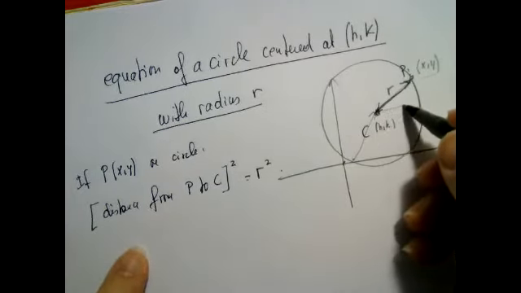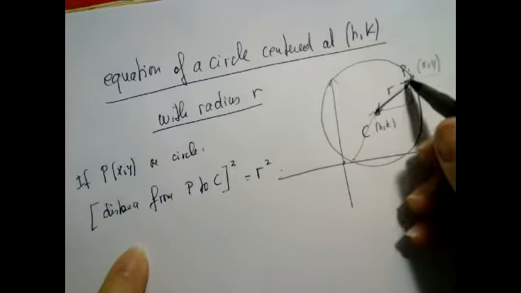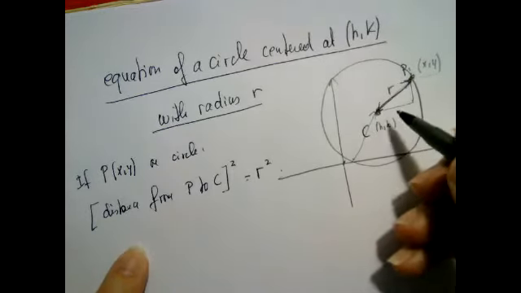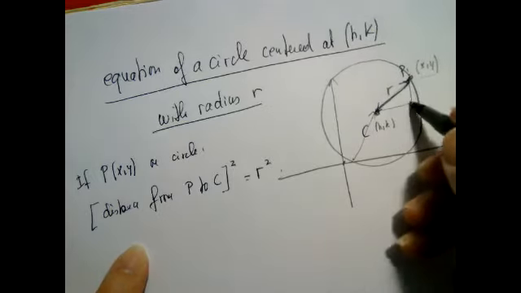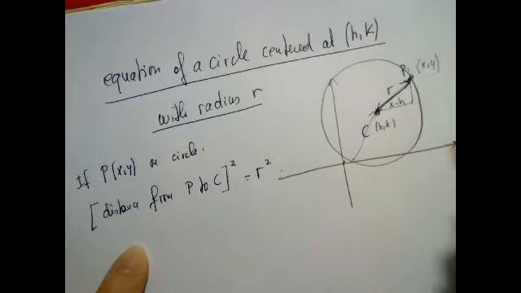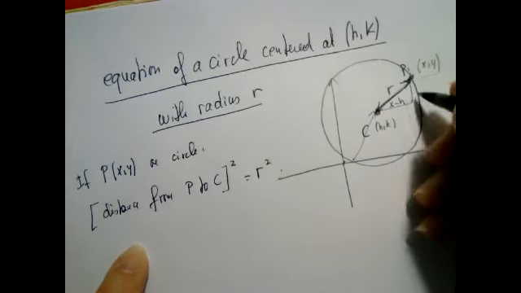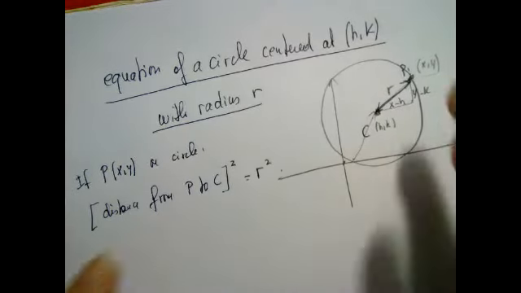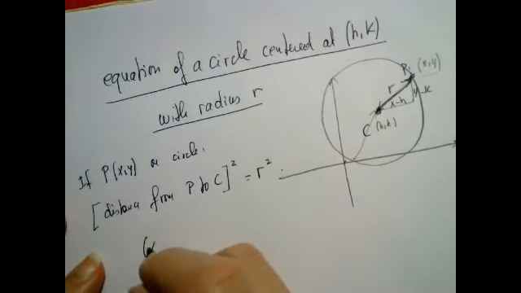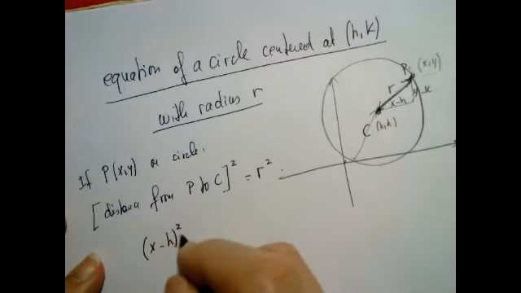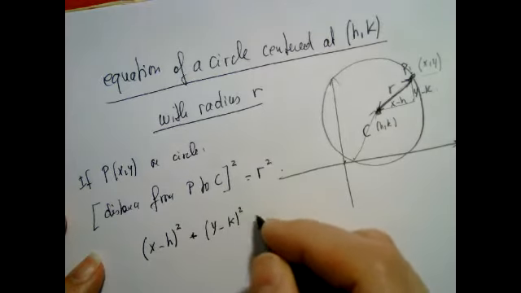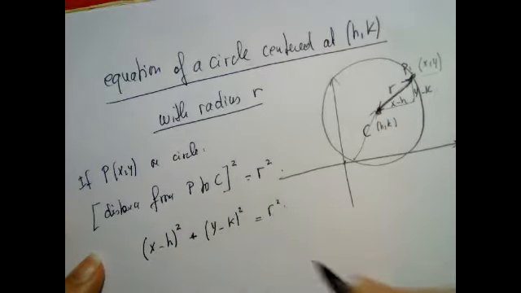But now what's the distance between P and C? This is a point and this is a point. What's the distance between them? I'm going to use the distance formula. From here to here, I have x minus h. And from here to here, I have y minus k. So the distance squared is going to be (x minus h) squared plus (y minus k) squared is equal to r squared.